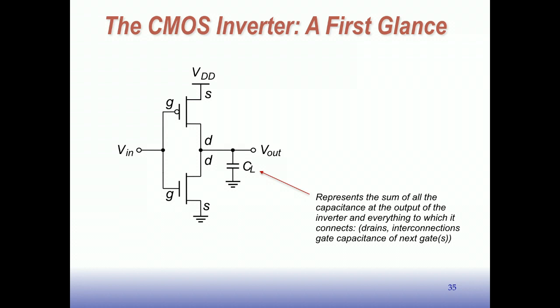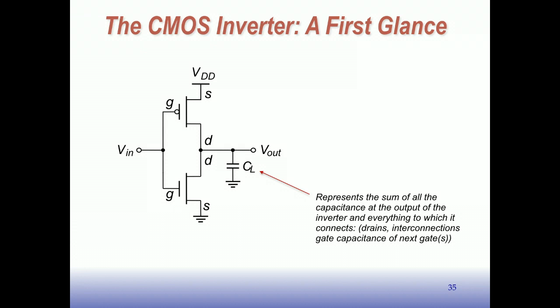Since in the PFET the current flowing is not electrons, it's holes, the current through a PFET actually flows from its source to its drain. The current through an NFET flows from its drain to its source, because that's electron flow, and the current is opposite of the flow of electrons.